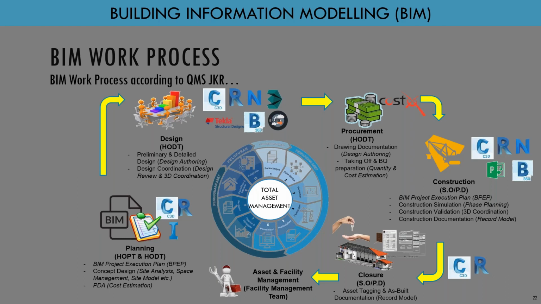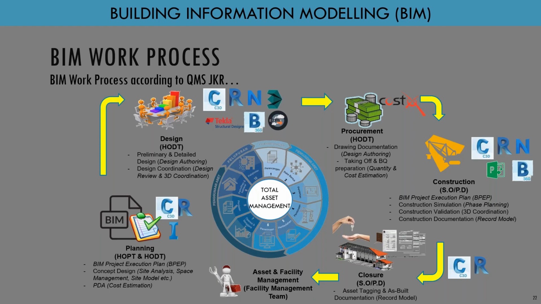So that we can start with the concept design, starting with our architect and the civil to generate the site analysis, space management, site model. And then from the basic model, the concept model, we can get the area in order to have cost estimation for the PDA purposes. All right, and then we move to the design.